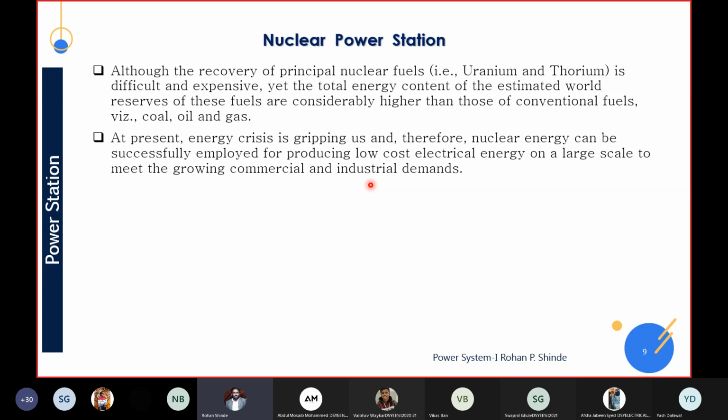That means nowadays commercial as well as industrial demand is growing, and there is an energy crisis, so to overcome all this we have to employ nuclear energy, and this nuclear energy can produce low cost electrical energy on a larger scale.